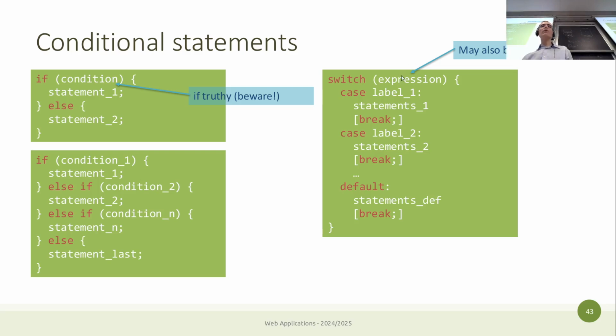Here they might be strings as well. Different from C, the condition evaluates if the content is truthy. So it means it gets converted to Boolean according to all the rules that we have seen. So make it a Boolean, or make it clear from the code which is the conversion that is happening.